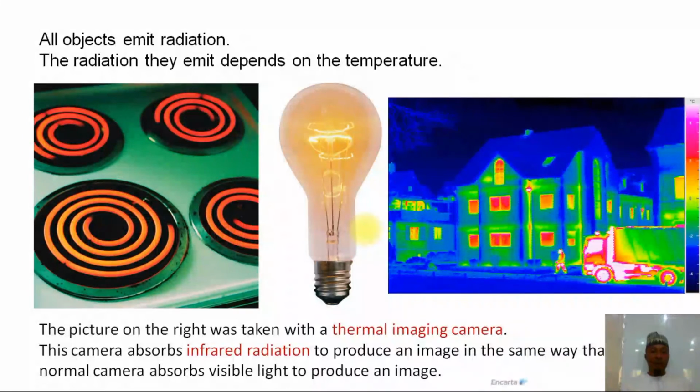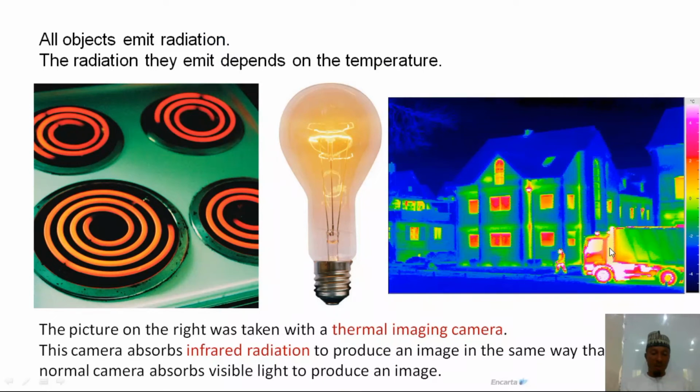Now, different substances can emit infrared at different amounts. So basically, all substances emit infrared, give out radiation. But we can determine the extent of the radiation using what is called thermal imaging.